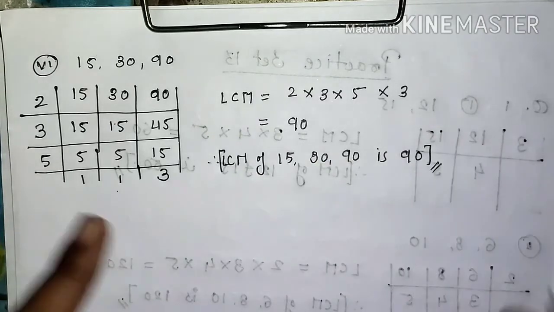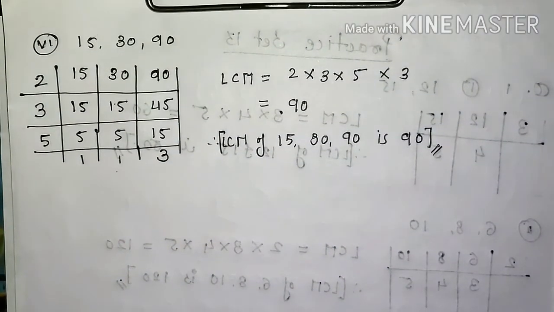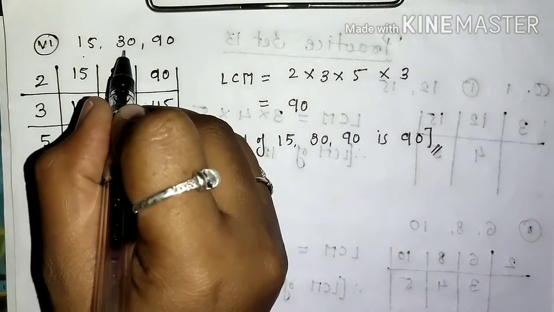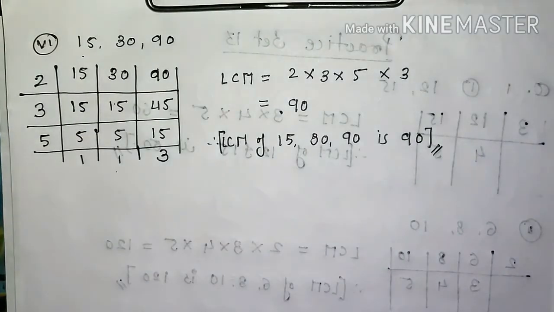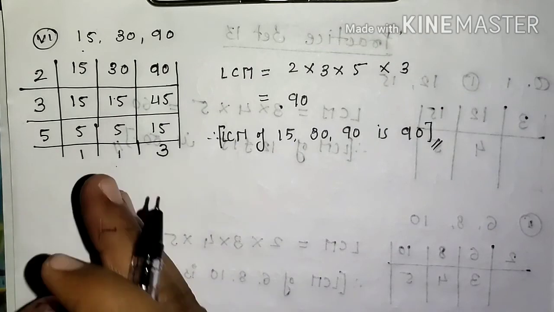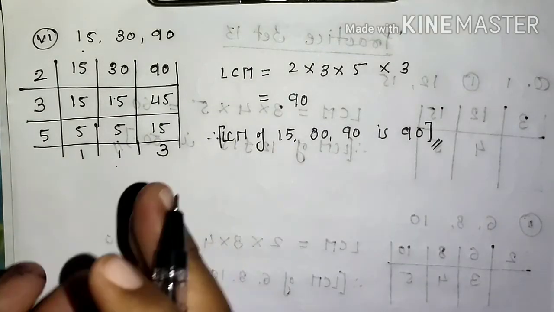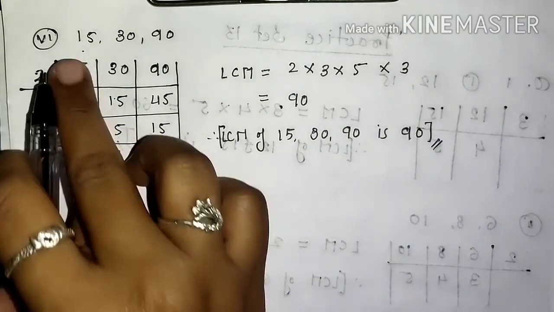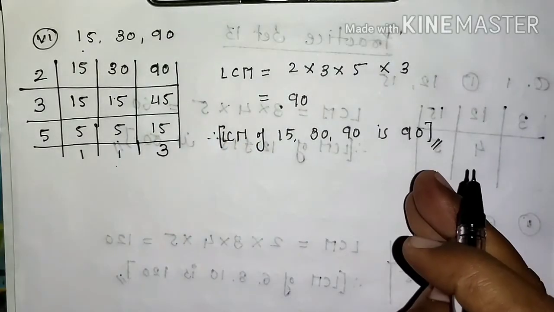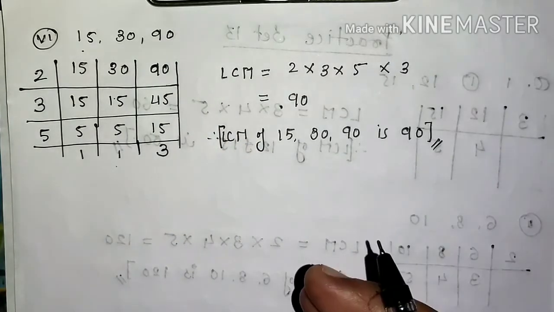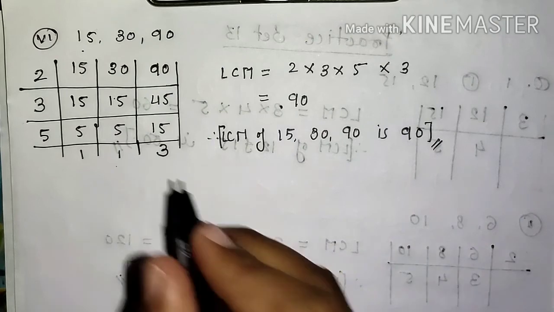Okay. If you want to verify whether the given answer is right or wrong, what can you do? Here what three numbers do I have? 15, 30 and 90. And what is the full form of LCM? Least common multiple. That means among the multiples of the given numbers, whatever is common, and in that common list, the least one will be the LCM.